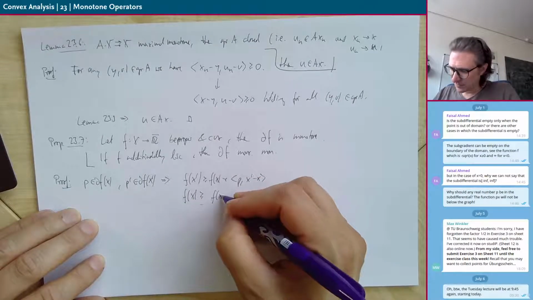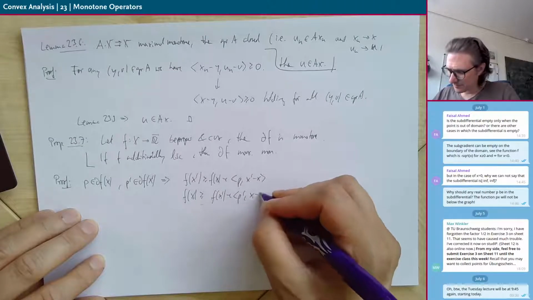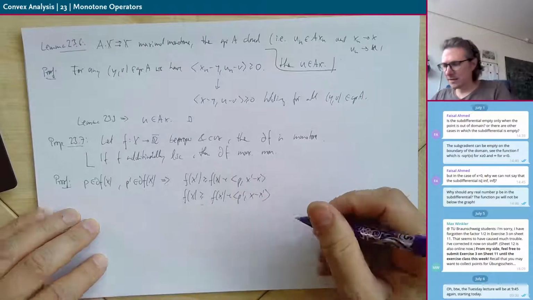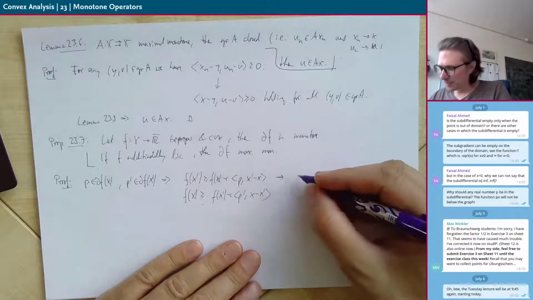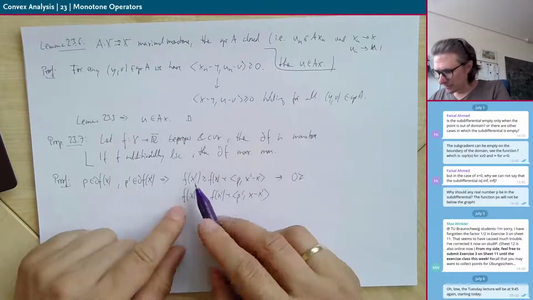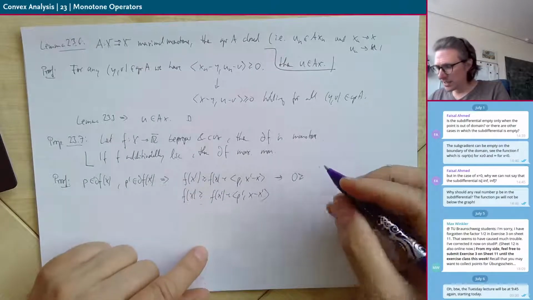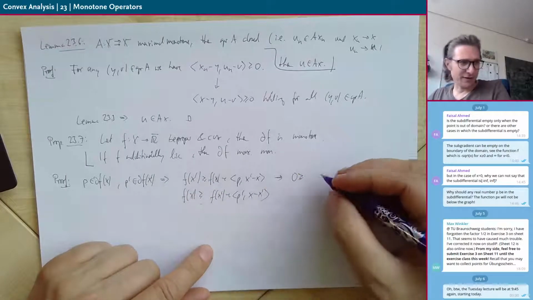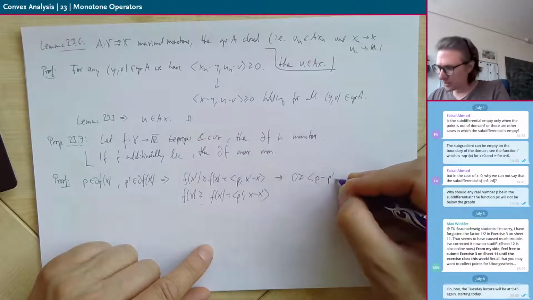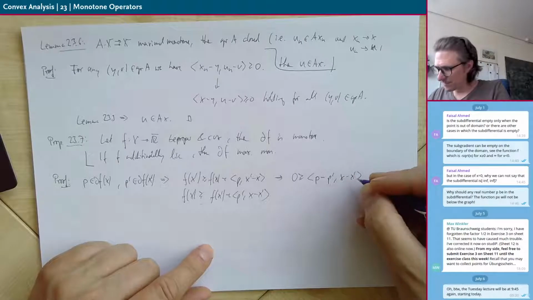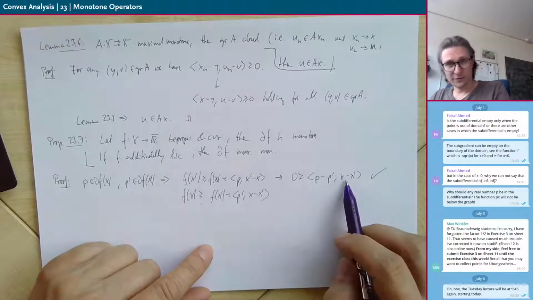You can write down the subgradient inequality at x prime and plug in x. And if you add these two things, you end up with 0 is larger than, so you get f of x prime plus f of x on both sides. You cancel this right away, and on the right hand side you can write this as 0 is larger than p minus p prime times x minus x prime, which is exactly what you needed. Because one of these is swapped here.